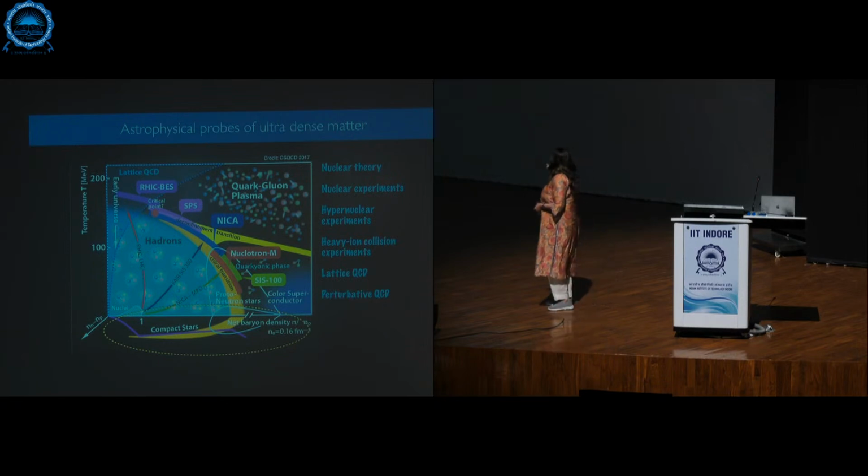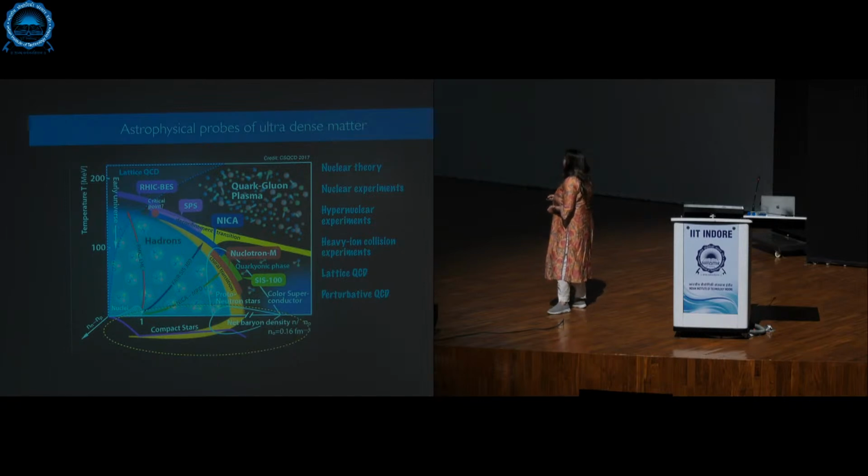But let me convince you that compact stars actually give us complementary information to all these developments I'm talking about. The reason is that compact stars lie along the low temperature and high density part of this figure.